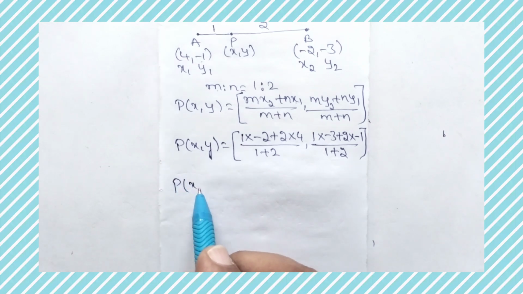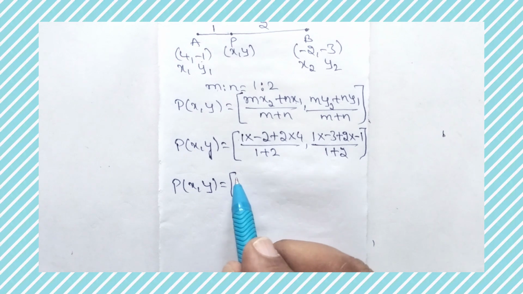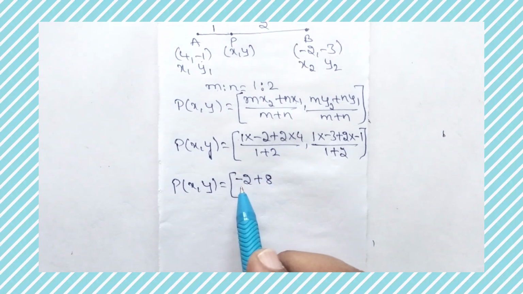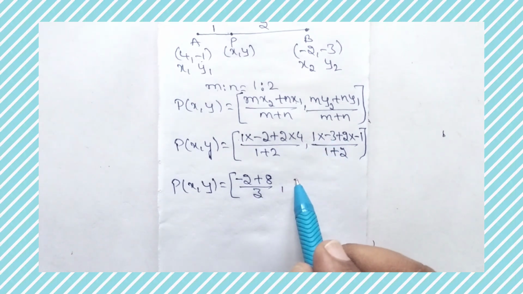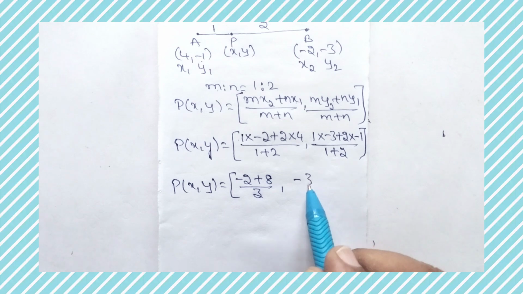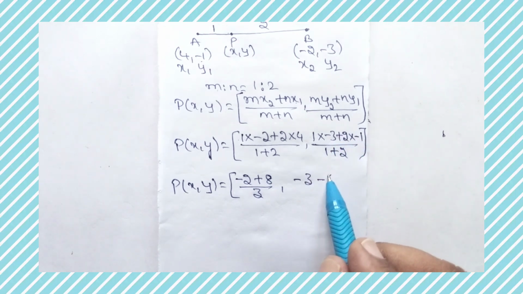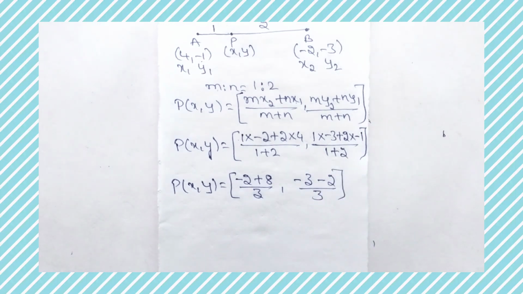So Px comma y is equal to plus into minus is minus, 1 2s are 2, plus 2 4s are 8, divided by 3, comma plus into minus is minus, 1 3s are 3, plus into minus is minus, 2 1s are 2, divided by 1 plus 2 is equal to 3.